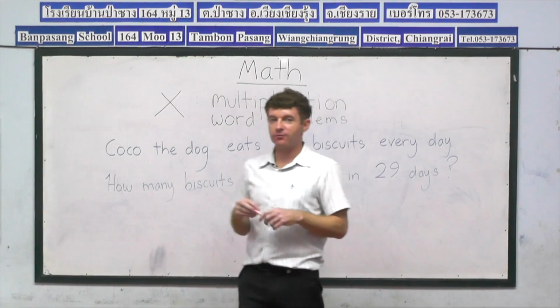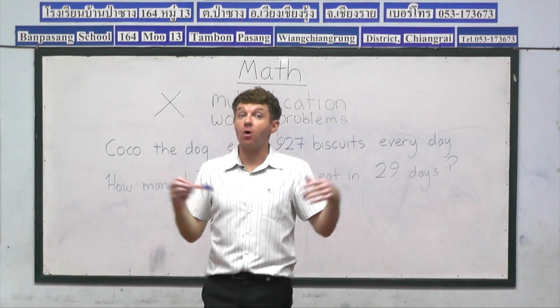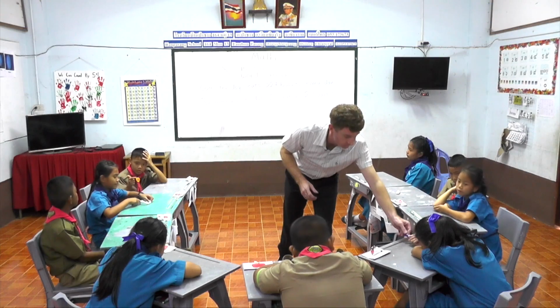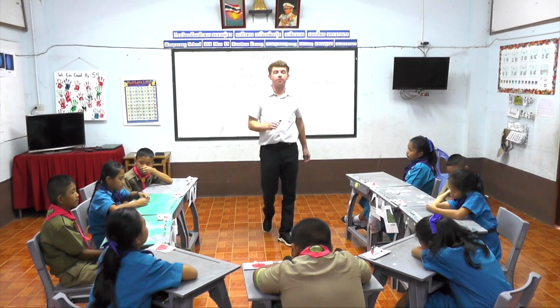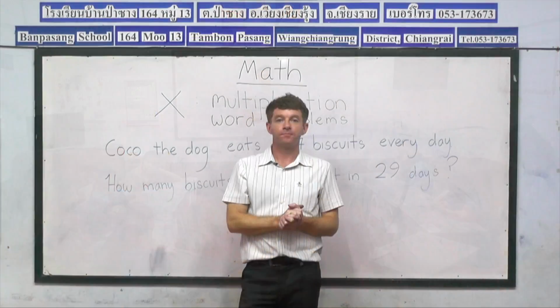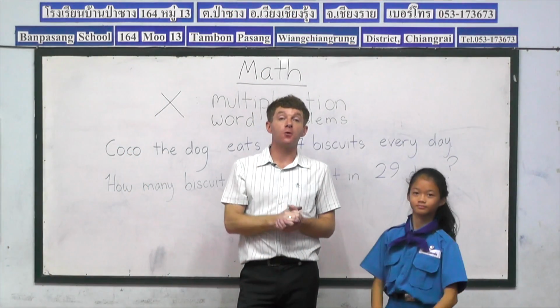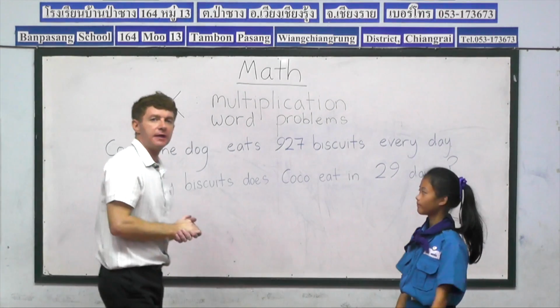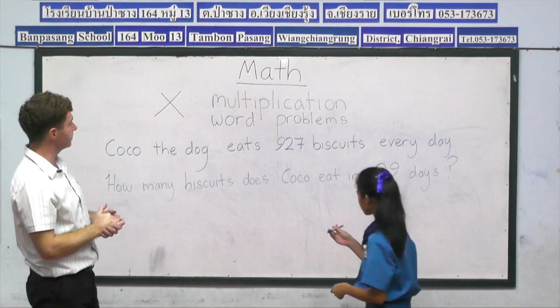So let's have another student come forward and we can all practice answering the calculations together. And now the pen is with Dan. So I would like to invite Dan forward. So the first thing we need to do, identify the numbers for calculation. What do we need to use to calculate, guys? What numbers?